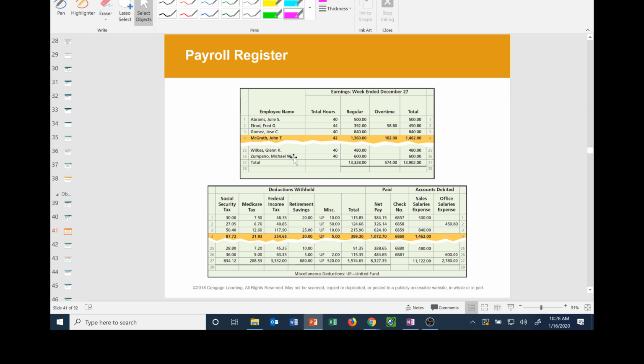That's a payroll register. You'd use this bottom line to make your journal entry. You debit sales salary expense and office salary expense. You credit Social Security tax payable, Medicare tax payable, federal income tax payable, retirement savings payable, United Fund payable, and you credit cash for 8327.35.